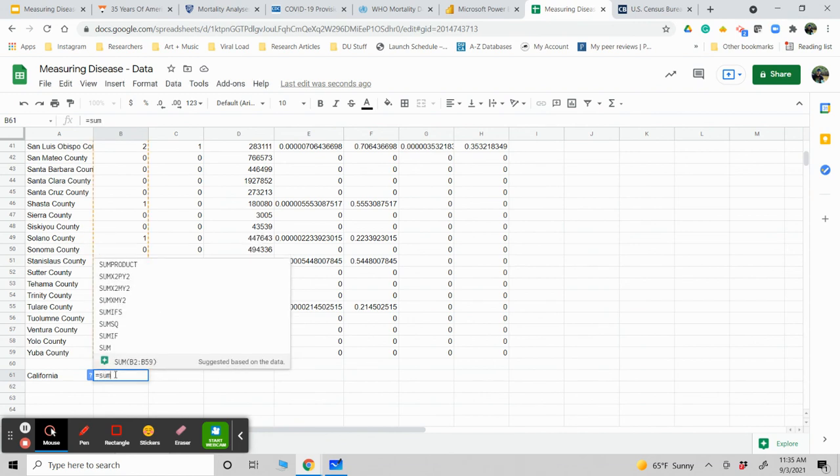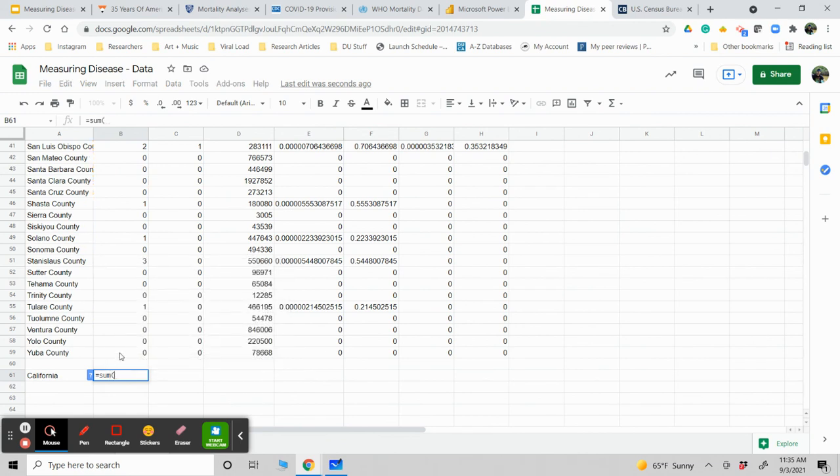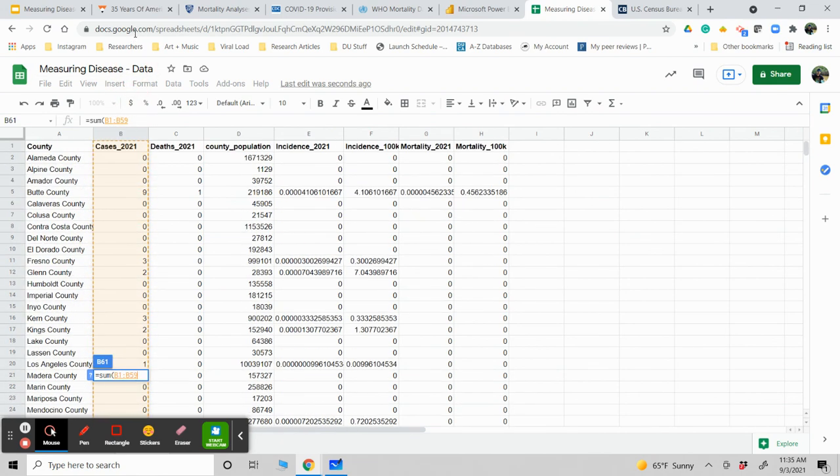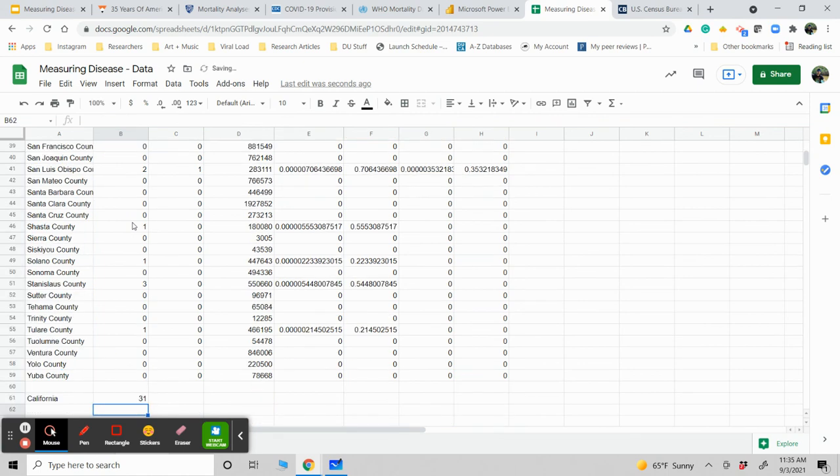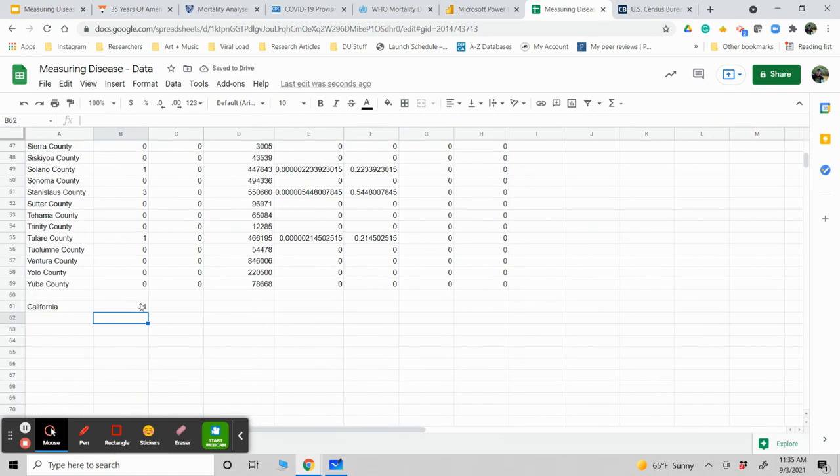That command is sum, S-U-M. I'm going to tell it what I want added up. So I'm going to start with this county and go up. And I'm going to finish and close the bracket. And see, click enter. 31 cases of West Nile virus in 2021.